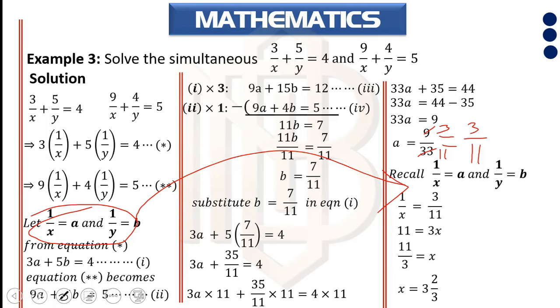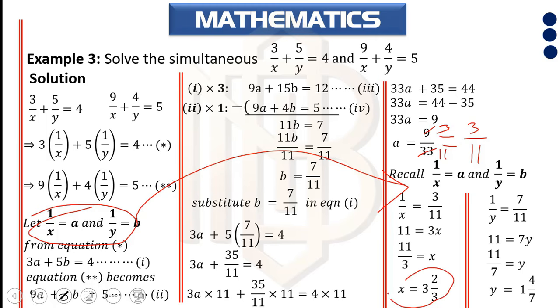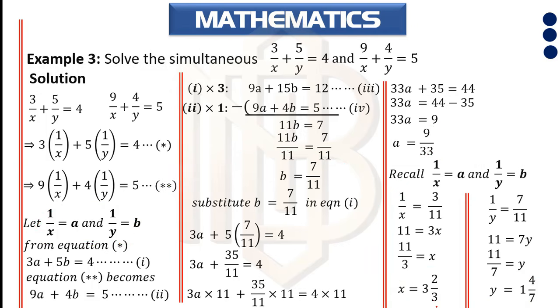X is therefore equal to 3 and 2 over 3. Now, for the other case, 1 over y is going to be equal to 7 over 11. In which case, we can then cross multiply to get our value of y after dividing both sides by 7. Okay, so our x value equals 3 and 2 over 3. Now y value equals 1 and 4 over 7.